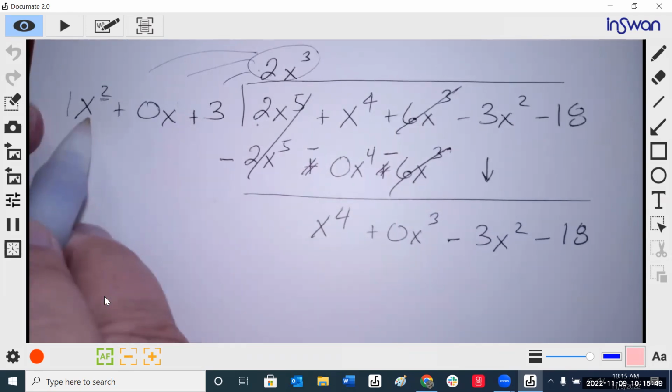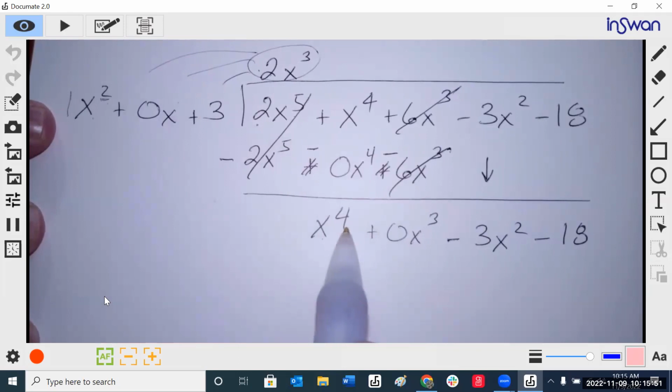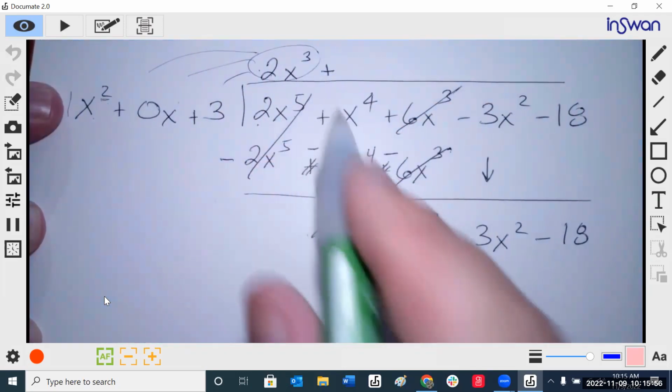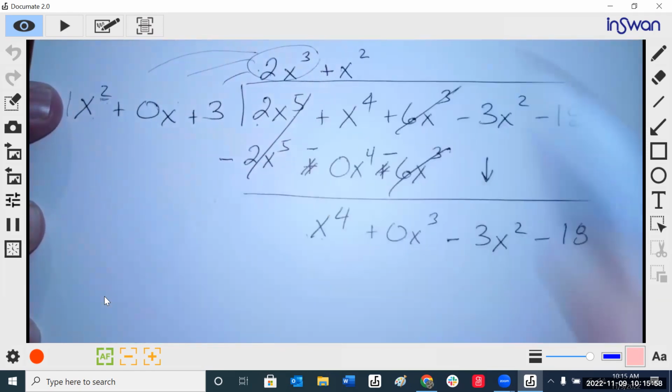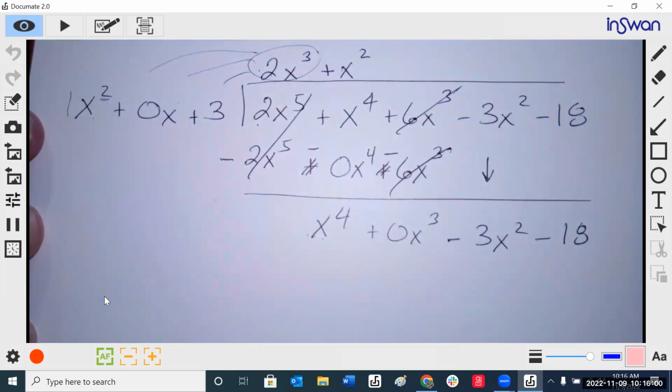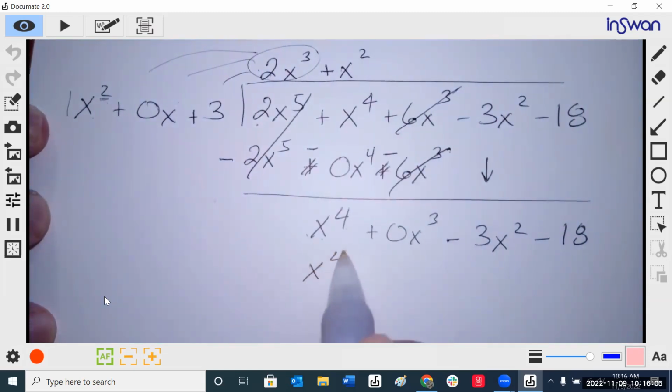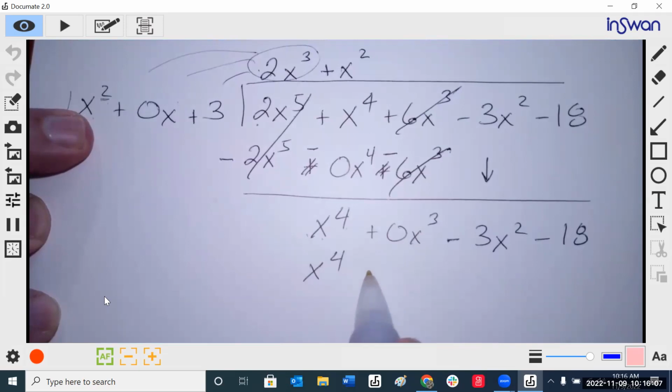Repeat the process. What times x squared gives me x to the fourth? Positive, positive, positive. I'm missing 2 more x's. So x squared times x squared is x to the fourth. X squared times 0x is 0x cubed.